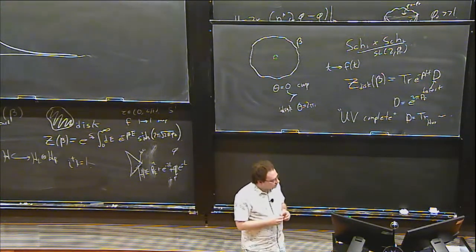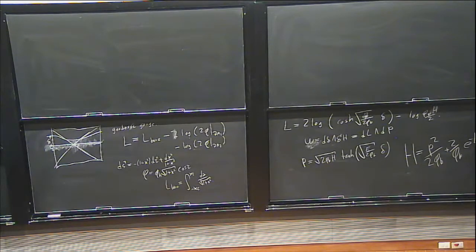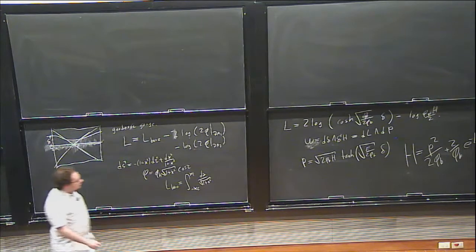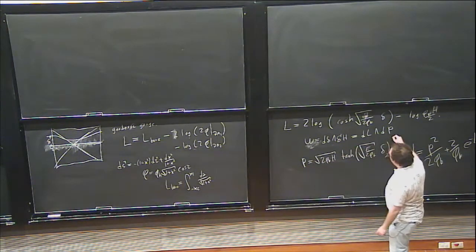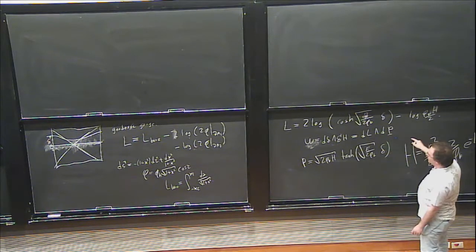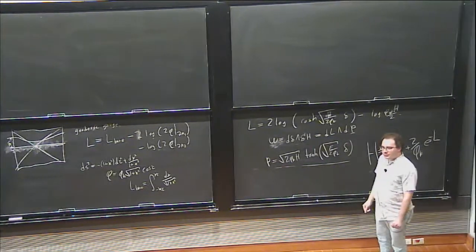P is just the conjugate momentum to L, written here. It doesn't have a geometric meaning, you just compute it.